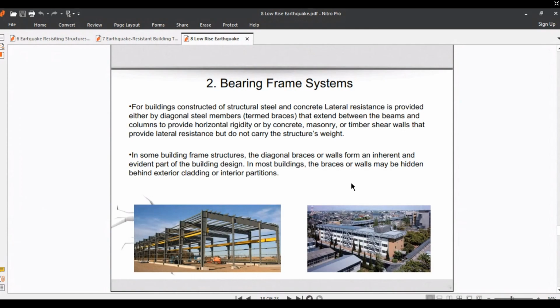In some building frame structures, the diagonal braces or walls form an inherent and evident part of the building design. In most buildings, the braces or walls may be hidden behind exterior cladding or interior partitions. You can see in these pictures.